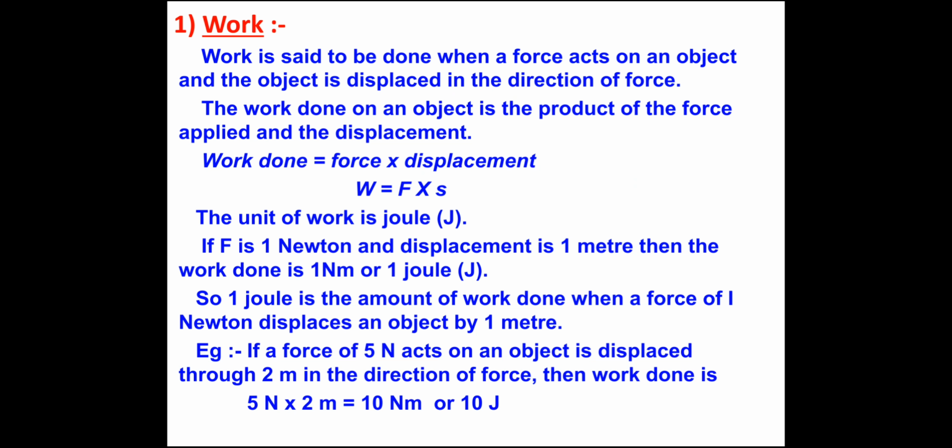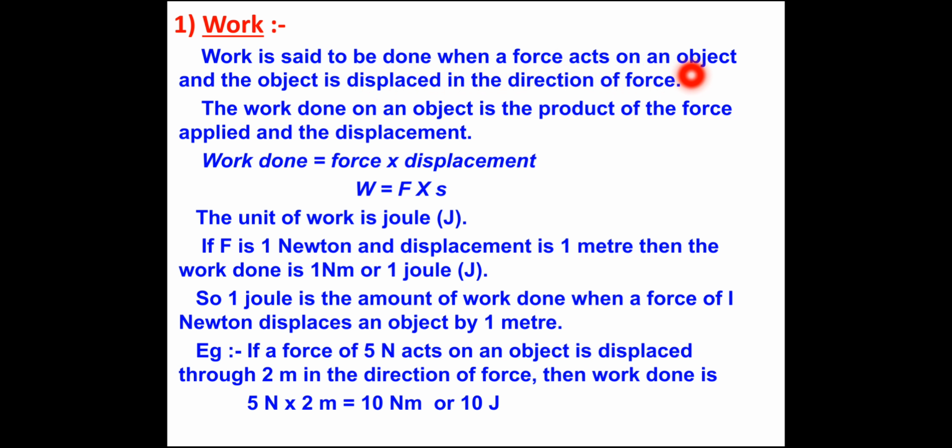Now see here, work is said to be done when a force acts on an object and the object is displaced in the direction of the force. So what is the meaning of this? When can we say work is done in science? When a force is applied on an object. For example, a ball.